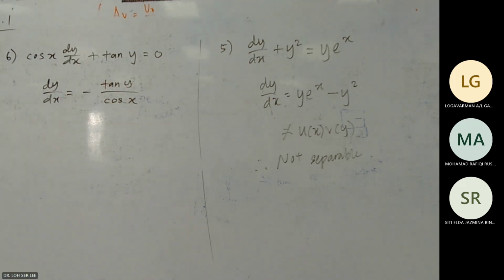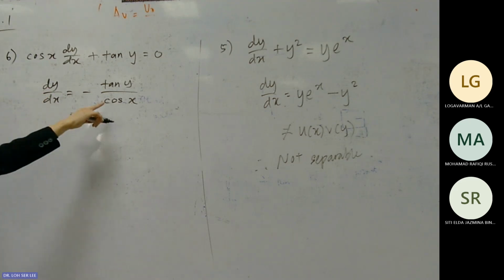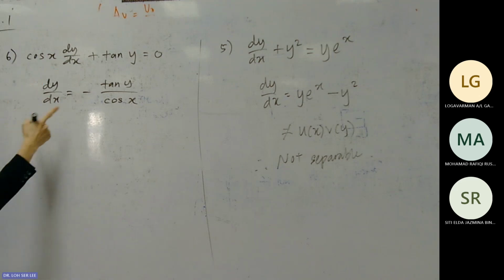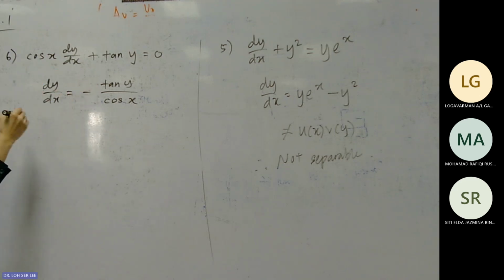So we move y to the left, x to the right. So when you move this tangent y, you get 1 over tangent y, right?